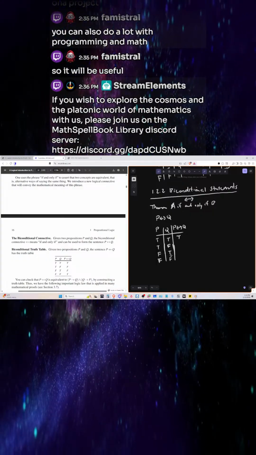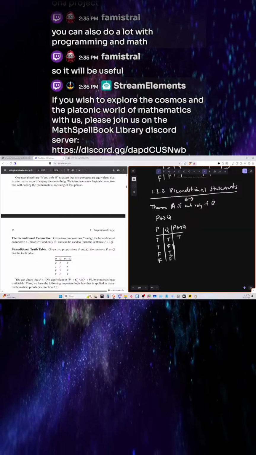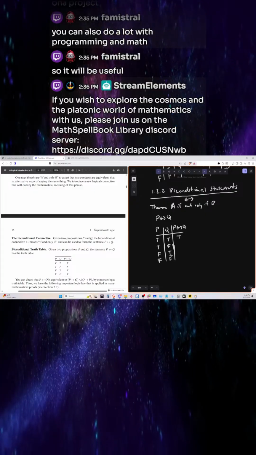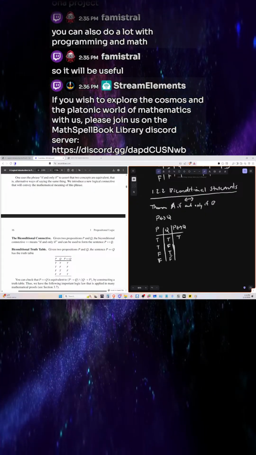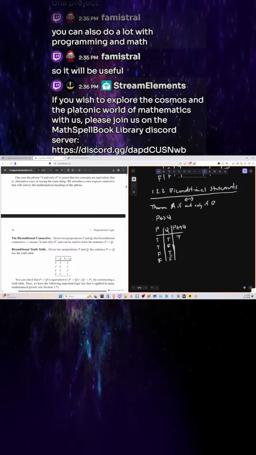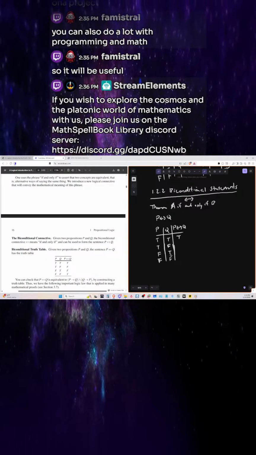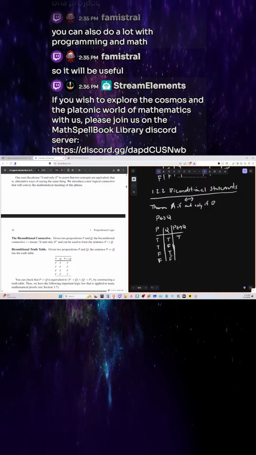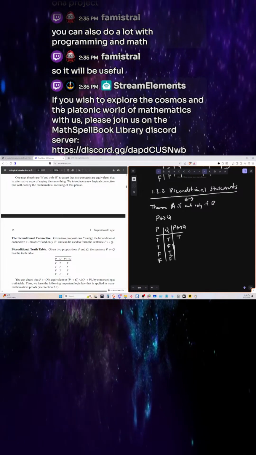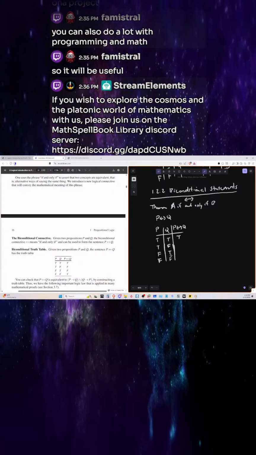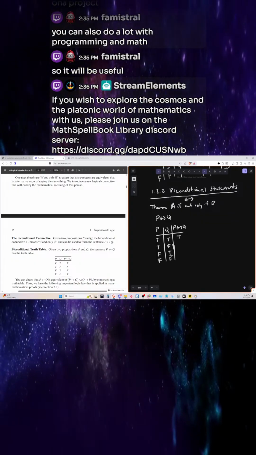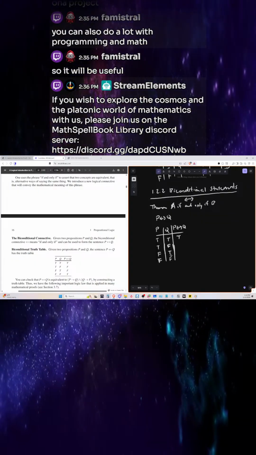Now I'm trying to think, does it have the same pattern as the conditional statement, or do we have to think of it differently? Because the way it reads, it seems like it is biconditional. I mean, it's in the name biconditional, but for some reason it feels like a tautology, but I don't think it's a tautology.